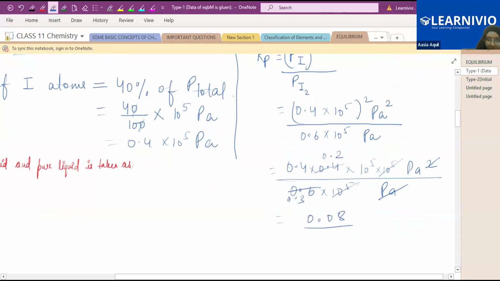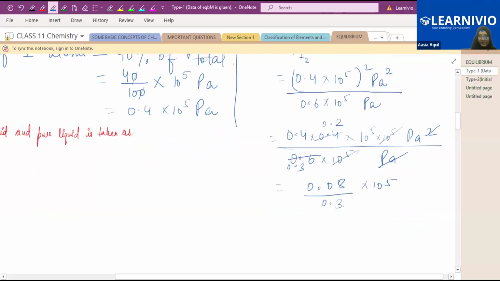And in the denominator part, it will be 0.3 multiplied by 10 raised to the power 5. Now see, can we write 0.08 into 10 raised to the power 5 as 0.8 into 10 raised to the power 4? Yes, we can.